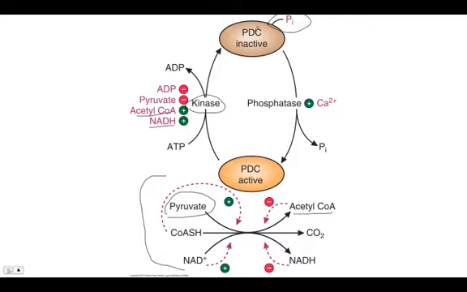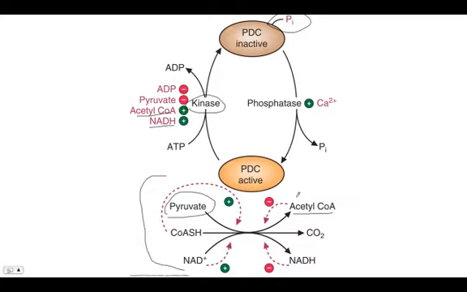Additionally, the complex could become dephosphorylated, such as under conditions when insulin is high. You can have activation of a phosphatase by insulin or by high levels of calcium, as illustrated here. And this will activate the complex, allowing it to convert pyruvate to acetyl-CoA.